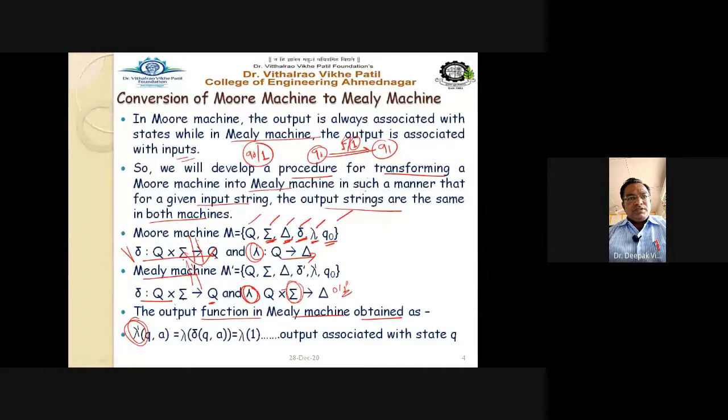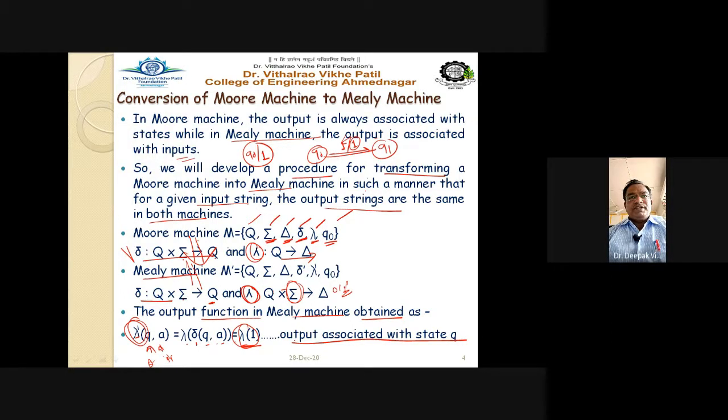Given here is that lambda dash of (q, a), where q is the state and a is the input, is equal to lambda of delta of (q, a), again state and input. That is equal to lambda of q, which is nothing but the output associated with the state q. So we have to find out the output associated with the state.